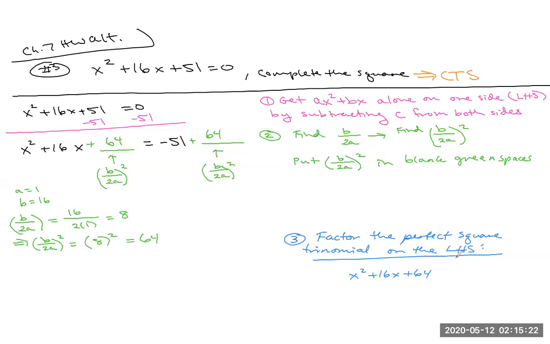Now, perfect square trinomial, let me know if you still have some trouble with that. Definitely read about it. I haven't gone over it in horrible detail yet. But essentially, a way to check that you have a perfect square trinomial, you see that there's a perfect square in the front, x, the quantity squared. And in the back, that's a perfect square, 8, the quantity squared. You're going to check in the middle. There's a plus here.